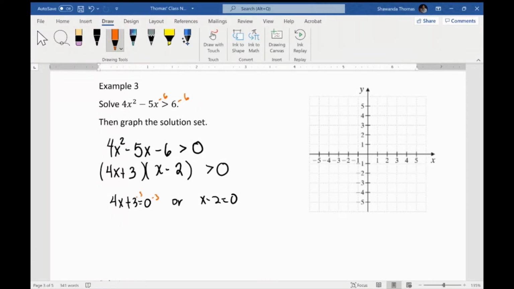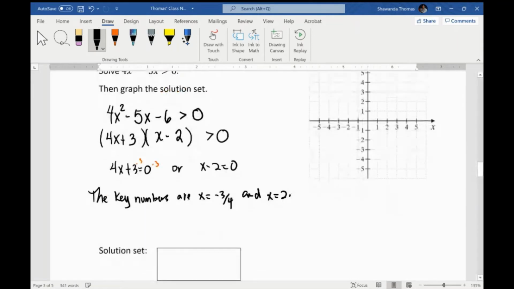All right, so the key numbers are what? The key numbers are 2 and negative 3 quarters. I'm going to put the negative one first, because on the number line we want it in order.